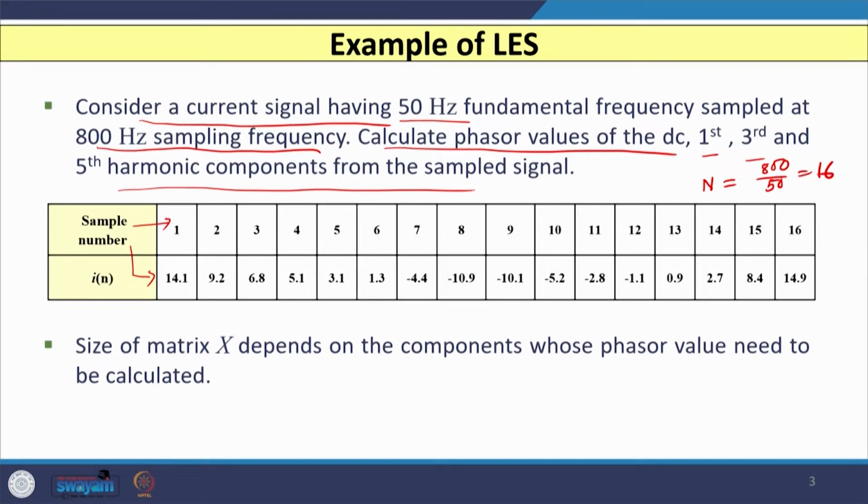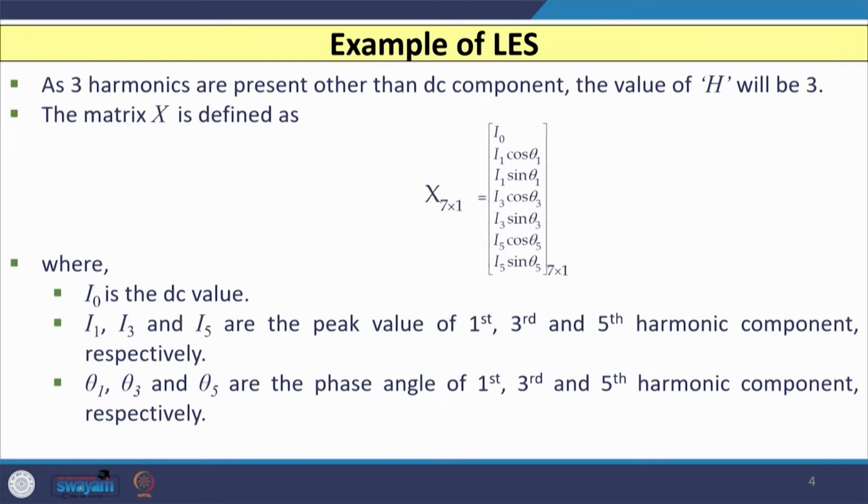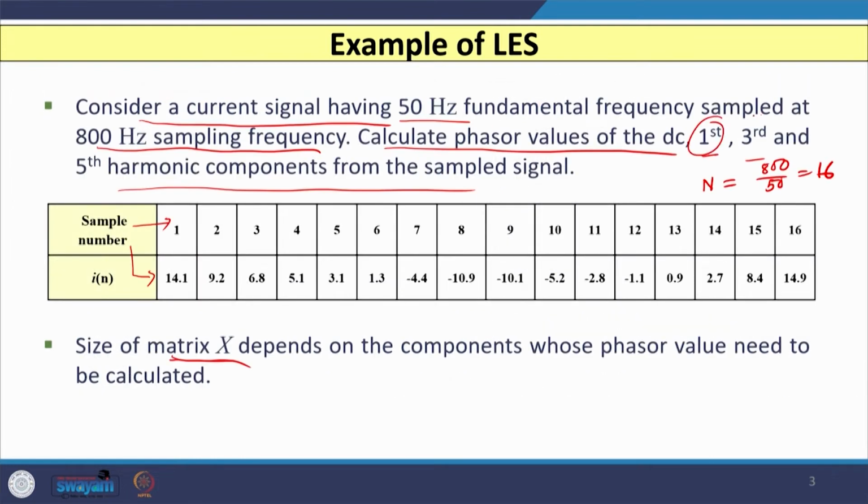Now, we know that the size of matrix X, which is unknown, depends on the components whose phasor value needs to be calculated. So, if I wish to calculate the phasor value of the fundamental term or third harmonic or fifth harmonic, depending upon that, the matrix size of X changes. Here, as in the earlier case, first, third and fifth, these 3 harmonics are there other than the DC component.